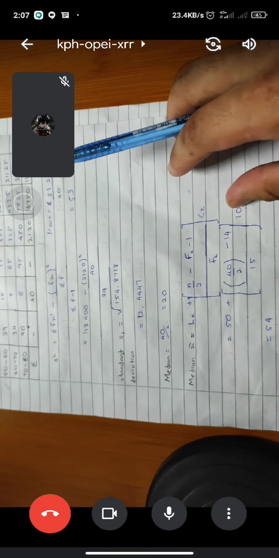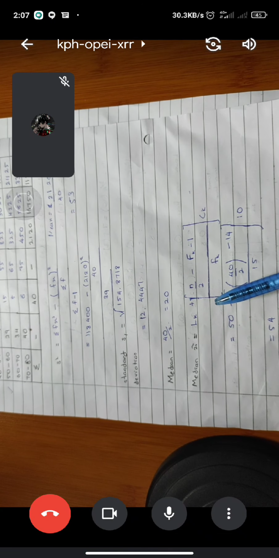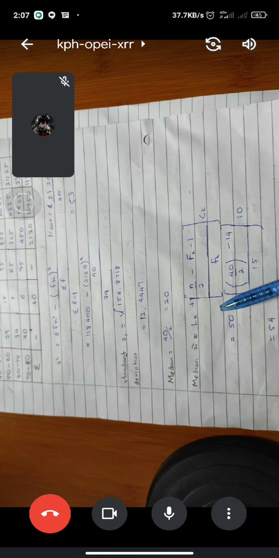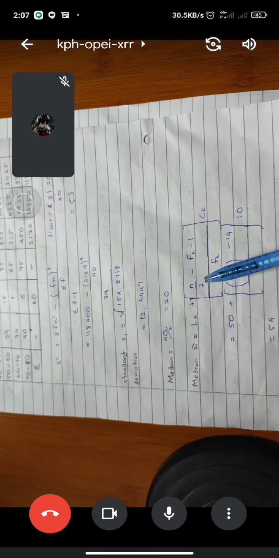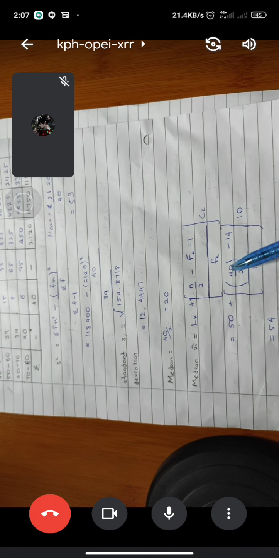So using the formula, Lk as the lower boundary of the median class, we got 50. N is the total frequency, we got 40 over 2.